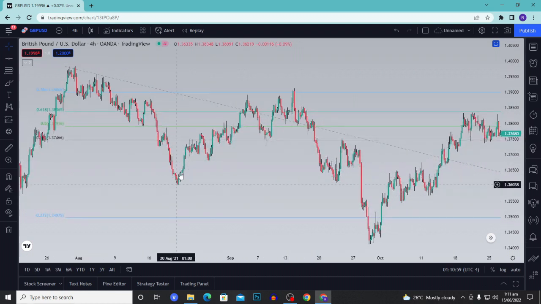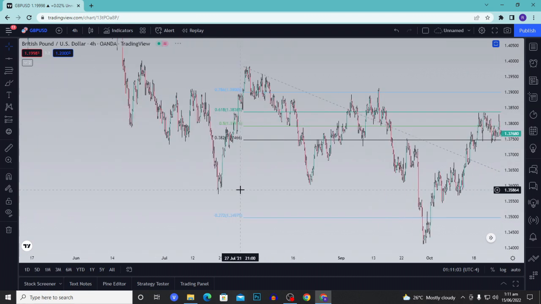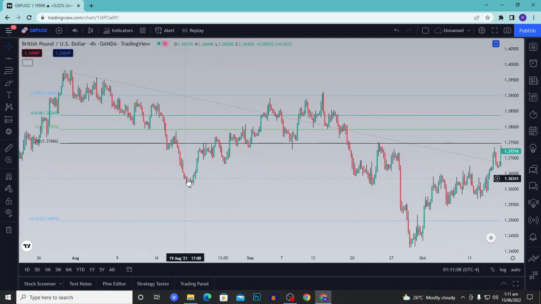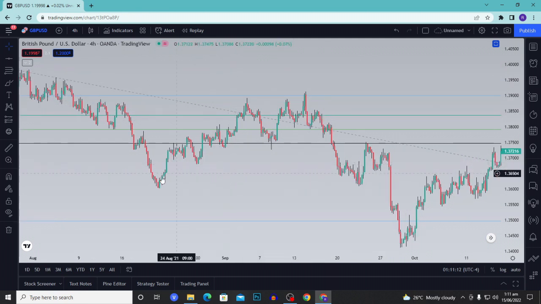So at this point right here, price started to retrace. At this very point, after the impulse move, price started to retrace back to form the lower high. So this is what we do. We look for a change in market structure. That's the very first thing we do.